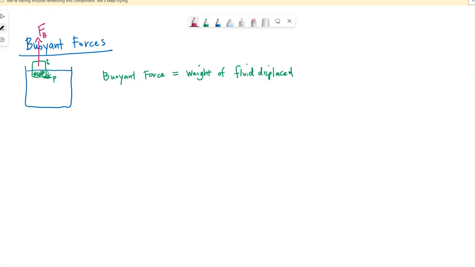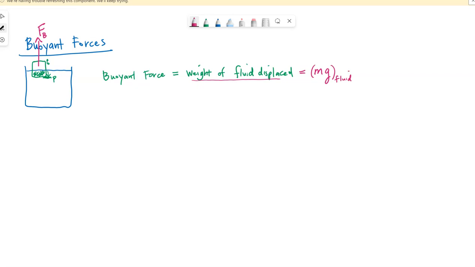I'm going to just call it F sub B. That upward buoyancy force that this block experiences will equal the weight of the fluid displaced by the block. That means mg of the fluid that was displaced.